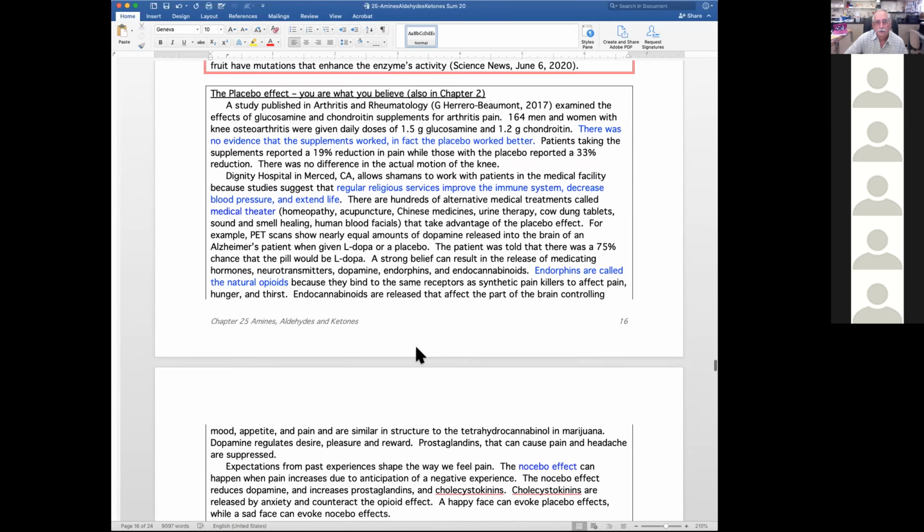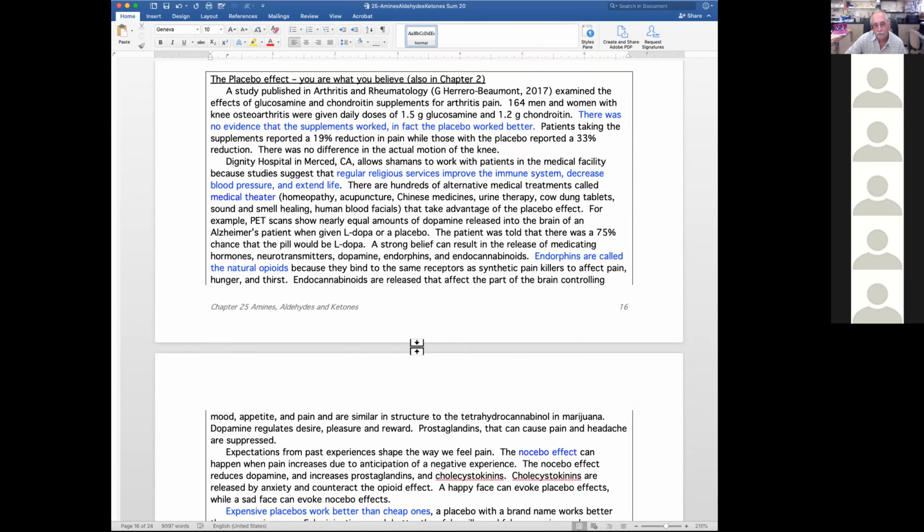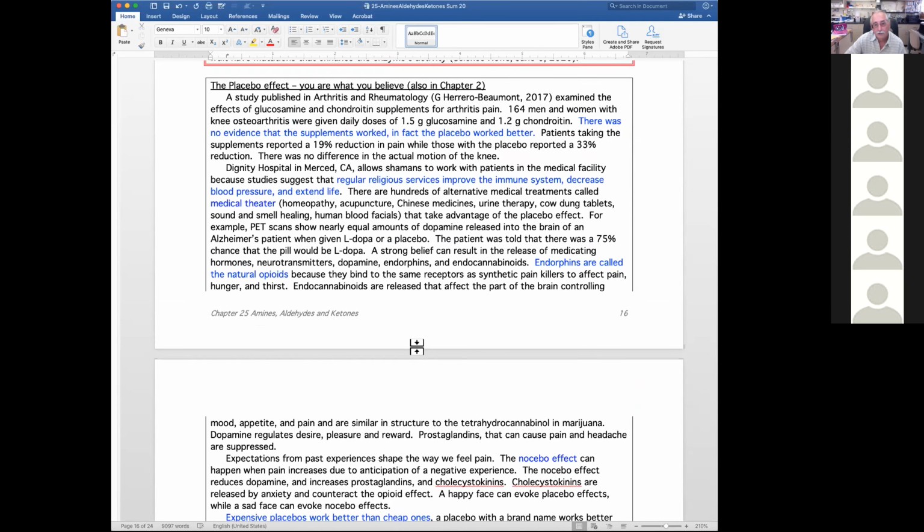So here's something that you should know about, the placebo effect. Basically, you are what you believe. One of the things I want to do this coming semester is work with my son and his friends. One of them has a gym and they're all into MMA and everything, and they take all these supplements. So I want to look at the supplements that they're taking, go through it with a couple of friends of mine who are nutritionists, and actually try to tell them whether the stuff is working or not.